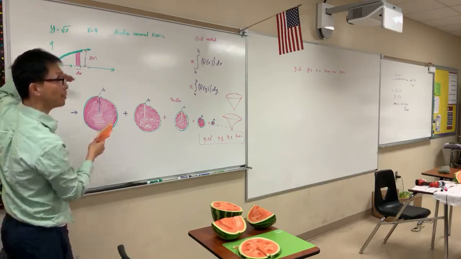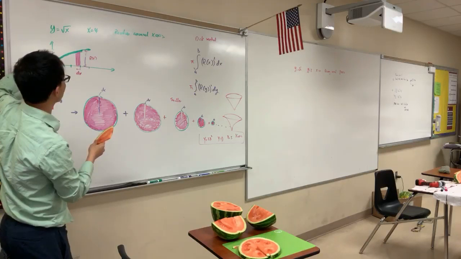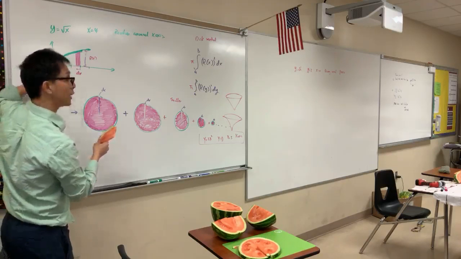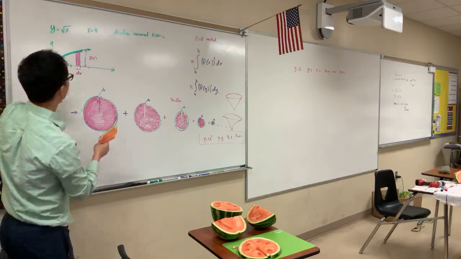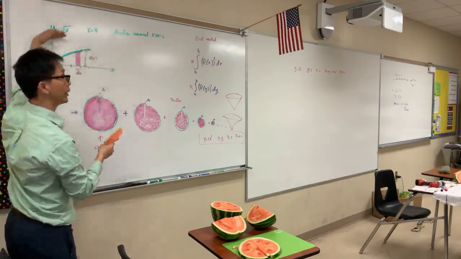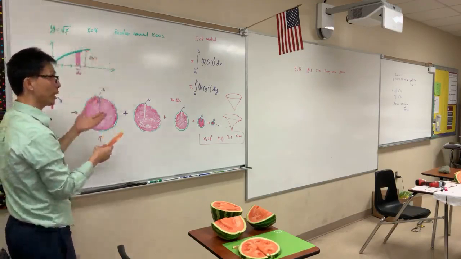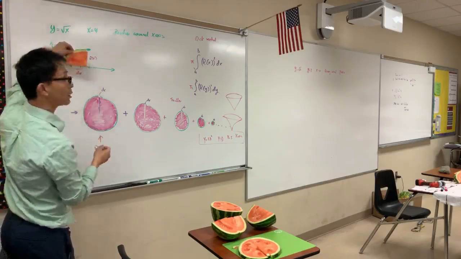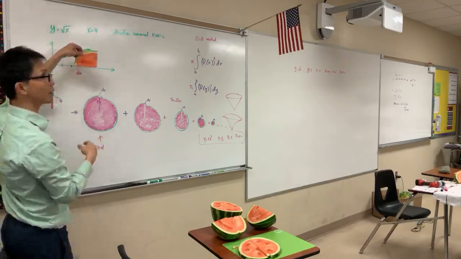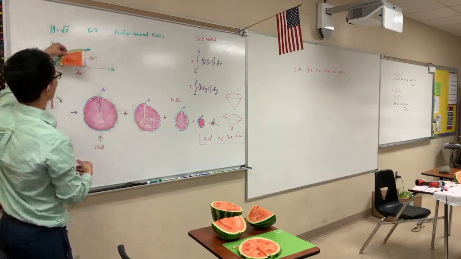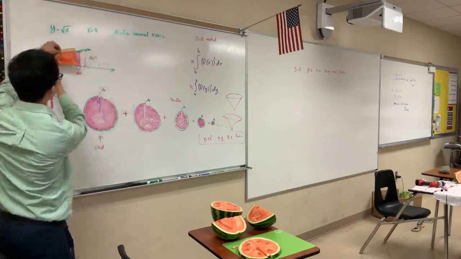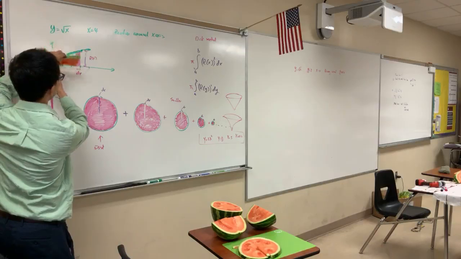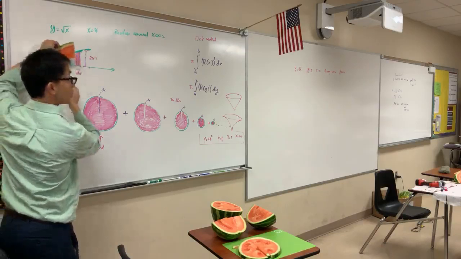Those are the easier problems, because otherwise the axis of rotation could be down here, or here, or here. Everything can change, so things get a little more difficult. So now we're just going to go with a simple one, and at least I want to help you understand it. When we rotate around the x-axis, it's going to rotate like this.